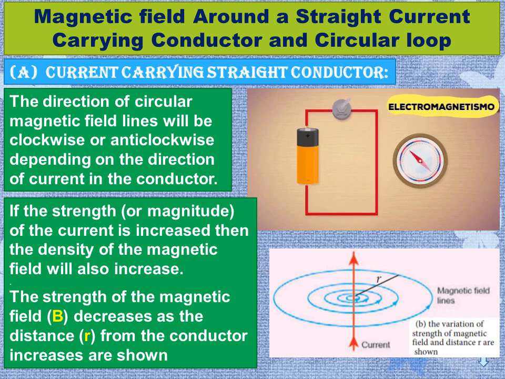If the strength or magnitude of the current is increased, then the density of the magnetic field will also increase. The strength of the magnetic field B decreases as the distance r from the conductor increases, which is shown in this picture.